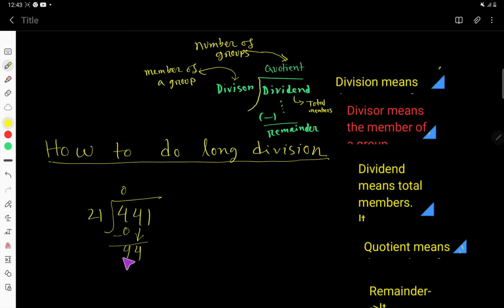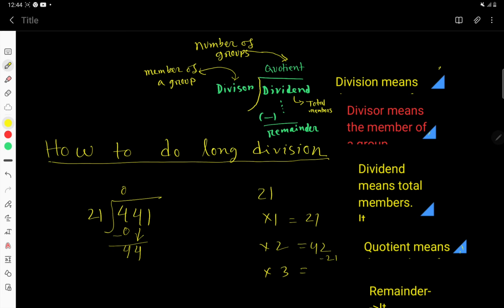21 goes into 44 how many times? Look, we need multiplication table. 21 times 1, 21. Then 21 times 2, what will be the result? Just add 21 with this 21. So 4, 2, 42. Then 21 times 3, what will be the result?